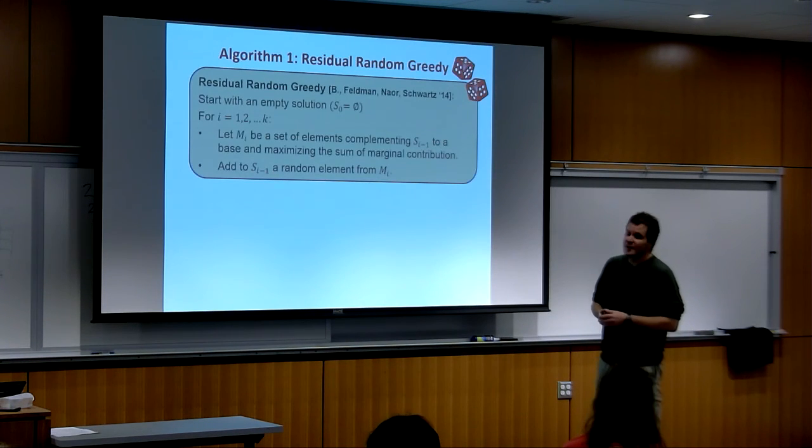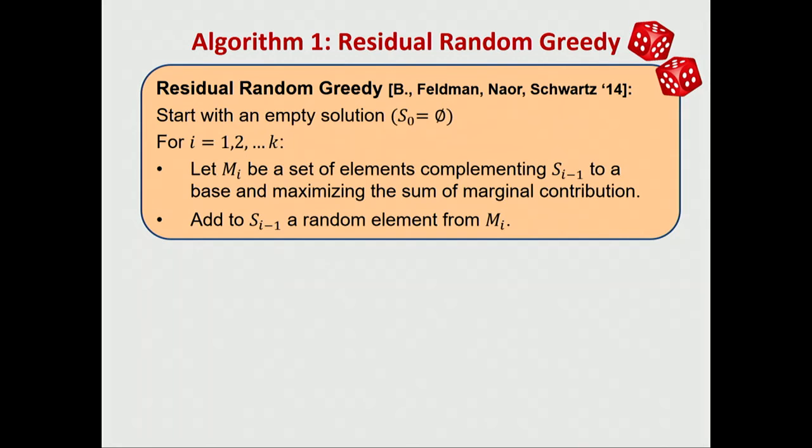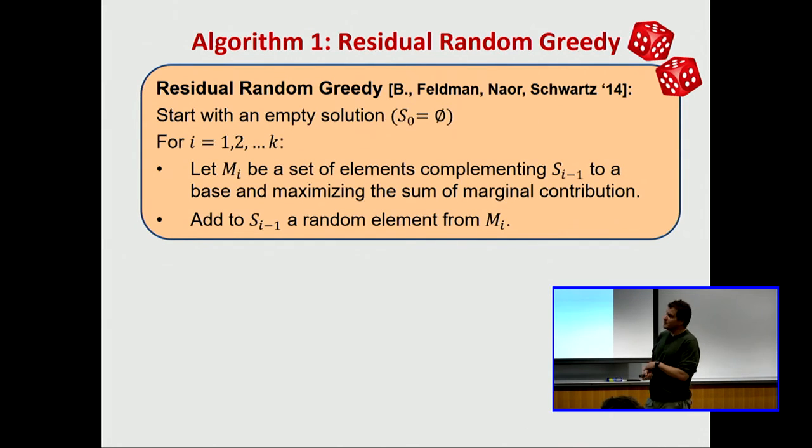So here is a cousin of the random greedy that I showed you before. This is the residual random greedy. So what will it do? Think about partition matroid. Suppose you already chose a dessert and the main course. You look at the menu and you complement with what you can. You choose the best side and the best glass of wine and the best first course and so on, right?